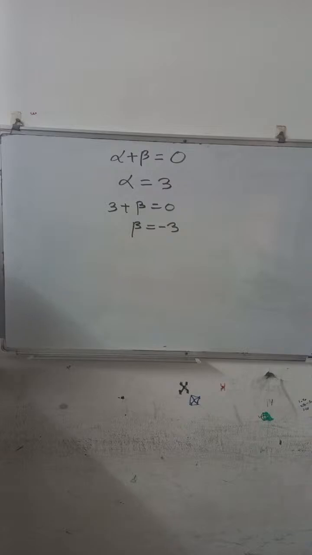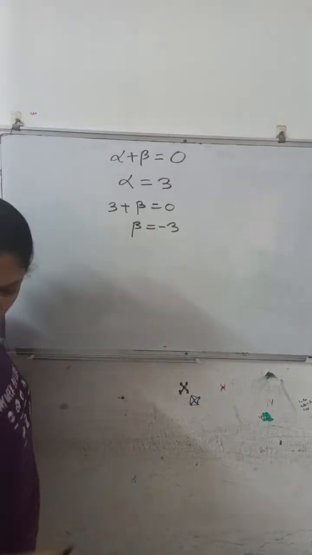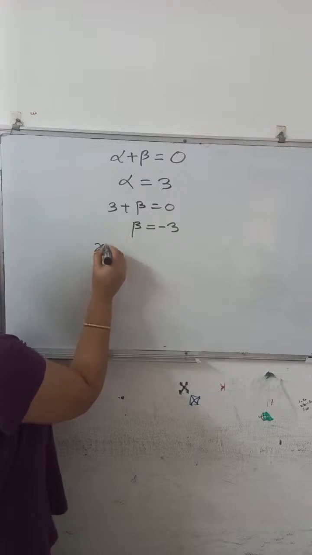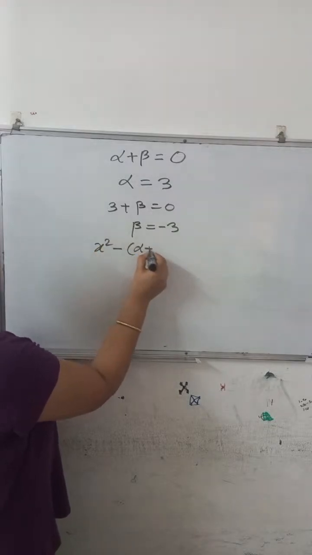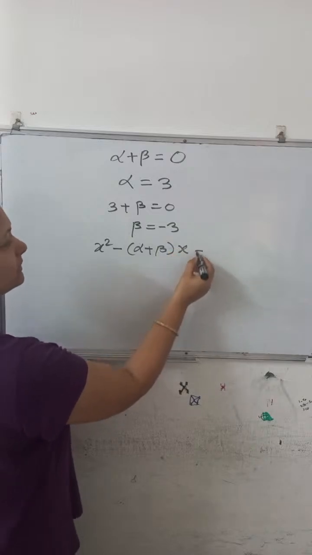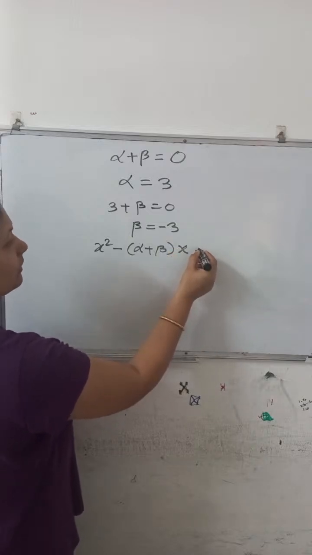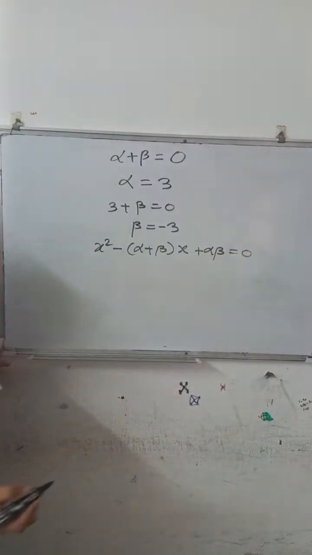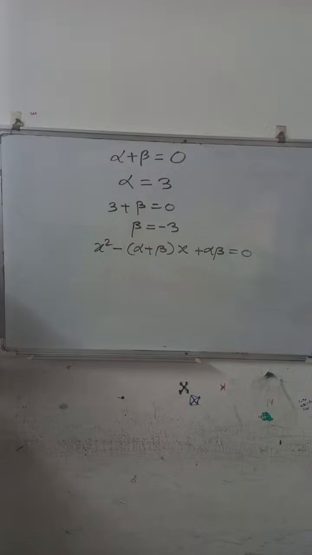They are asking for the quadratic equation, so we can write x square minus (alpha plus beta) x plus alpha into beta is equal to 0. Getting this? Put the sum of the zeros as 0 and alpha into beta, and find the answer.